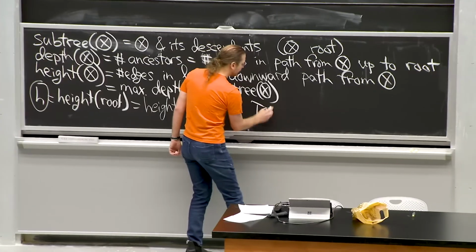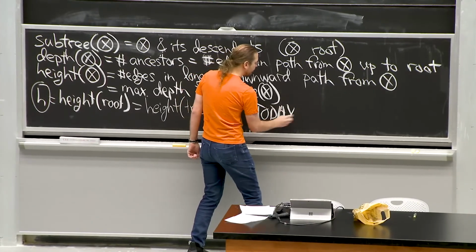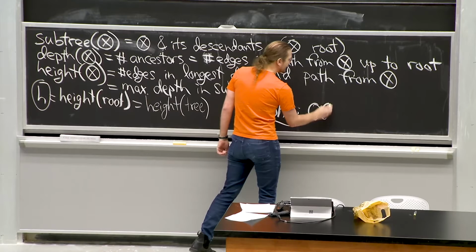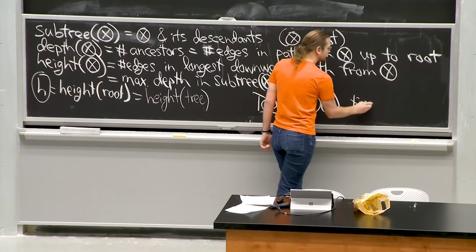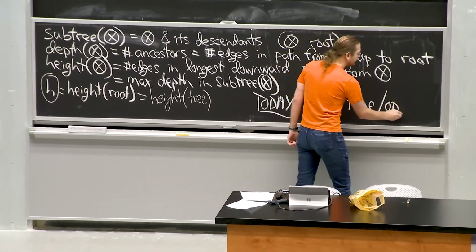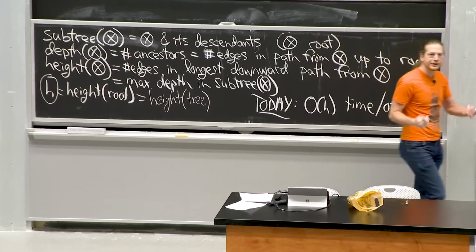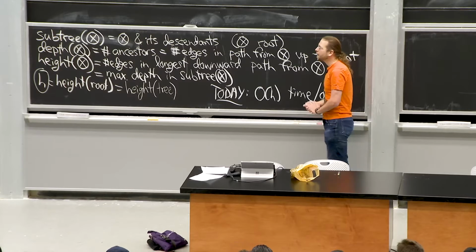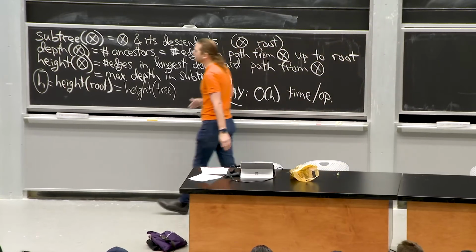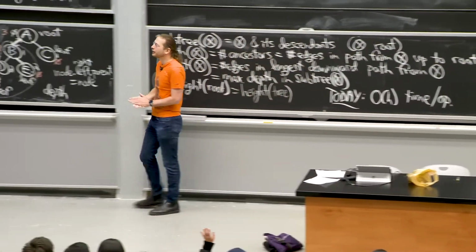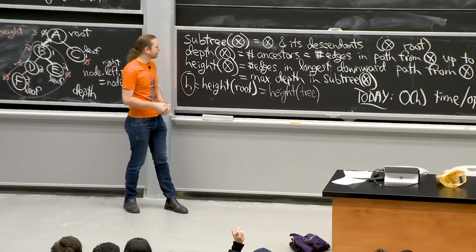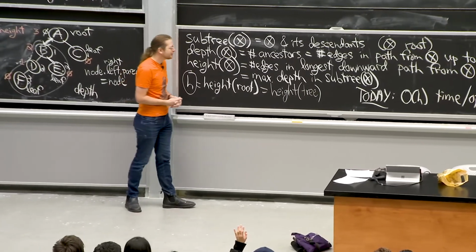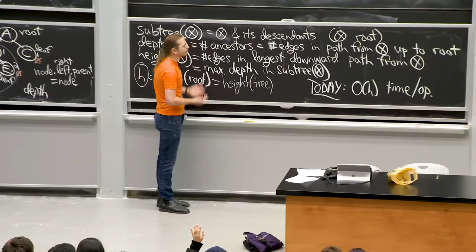So today our goal is to get all the operations we care about in order h time. And then next lecture, we're going to guarantee that h is always log n, and then we'll get log n time. So we need to do a bunch of work to achieve log n. Today we'll do the work that's all the tree manipulation, and as long as your tree is nice and shallow, it doesn't have high height. If it has logarithmic height, everything will be log n.